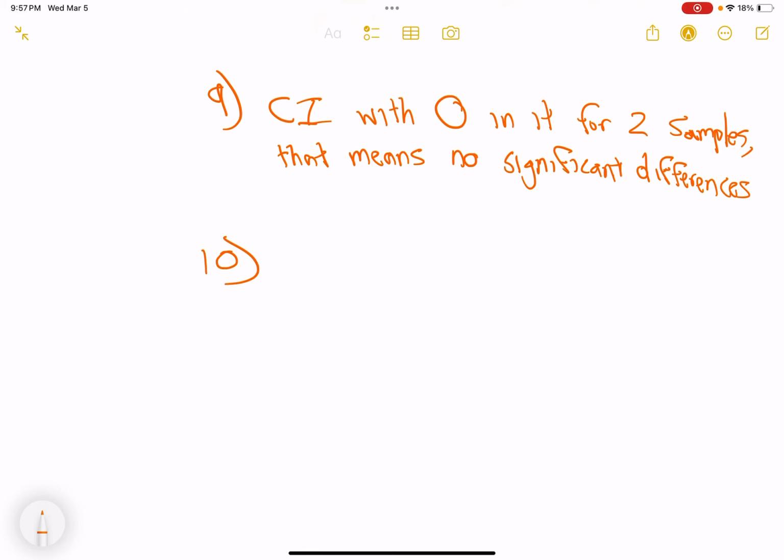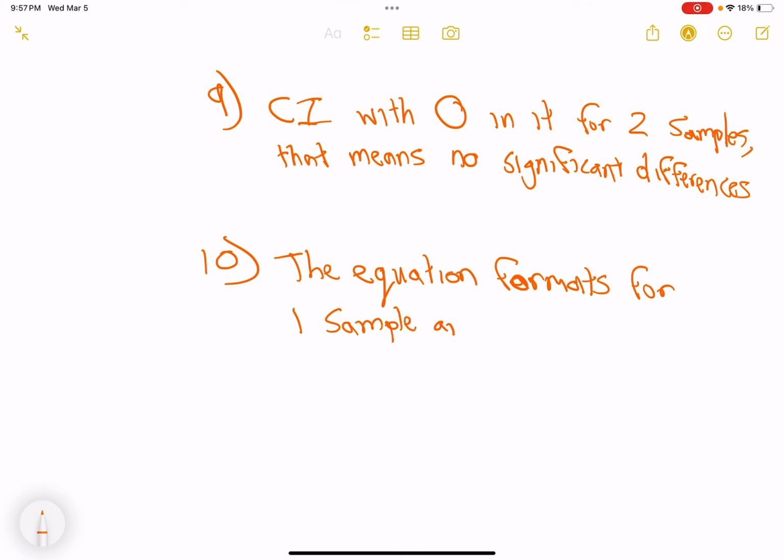We move on now to step 10. Oh my goodness me. Remember the equation formats for both one sample and two sample confidence intervals.